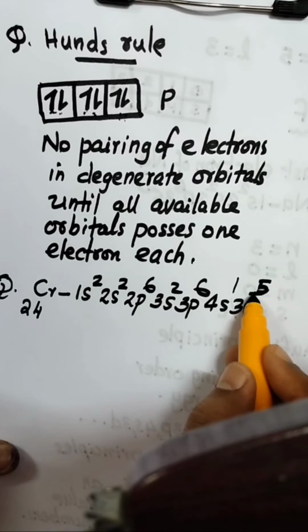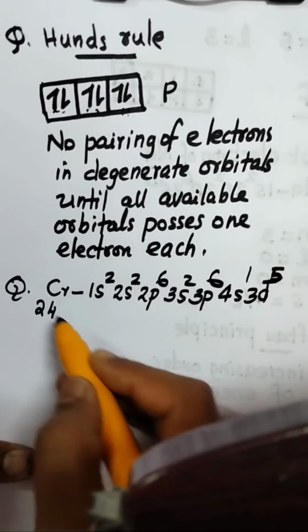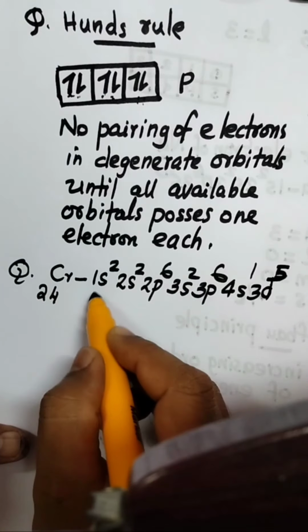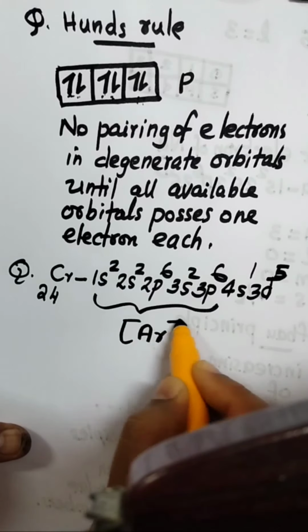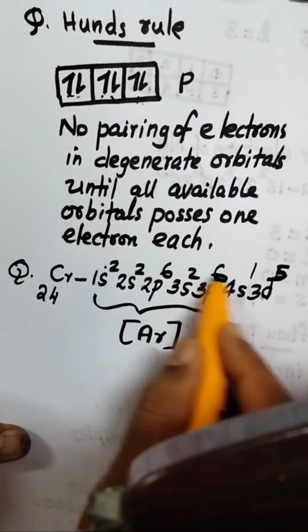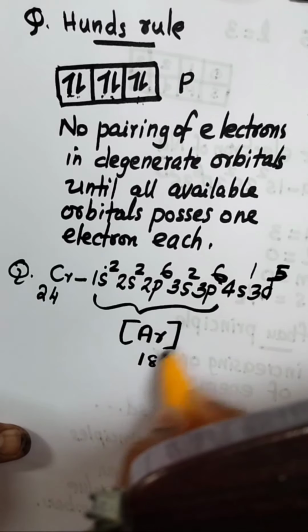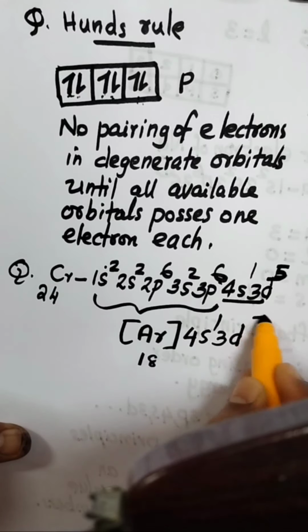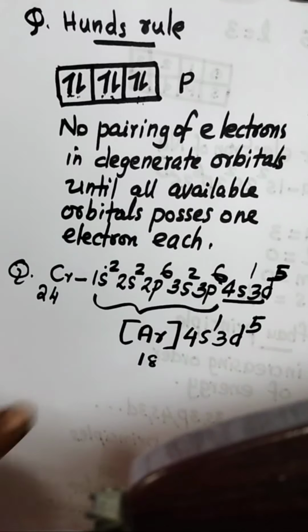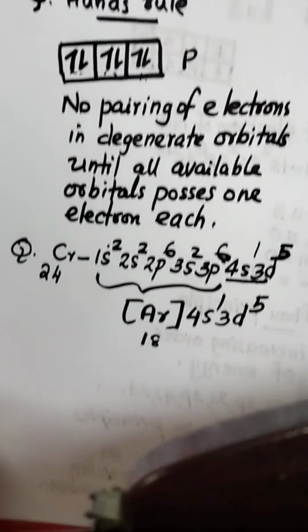This is a half filled configuration. It is highly stable, so chromium shows this configuration. Instead of this, we can write argon, 18 electrons, from here to here. Remaining portion 4s1, 3d5. This is also the electronic configuration of the chromium atom.